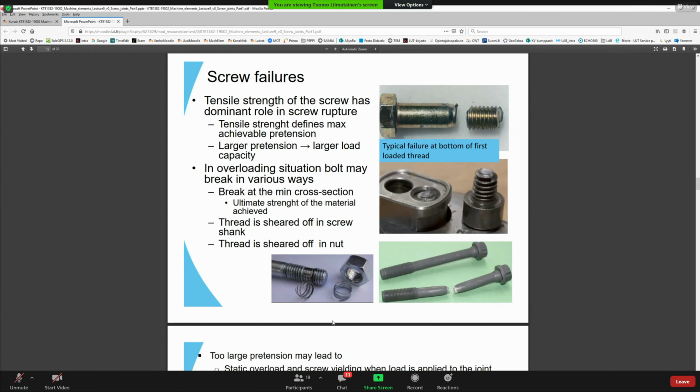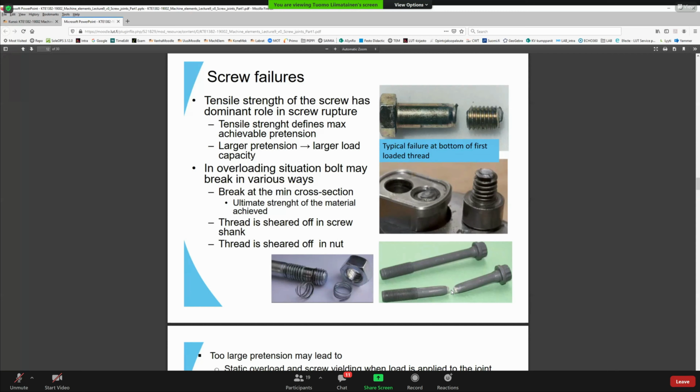Replace the cylinder block or screw a new hole for the screws? Yes, so that would be disastrous. You would have to take the whole block to the machining shop and re-drill the hole with a bigger diameter and use, for example, helicoil substitutes, or maybe even a bigger thread diameter. It's very difficult to replace.